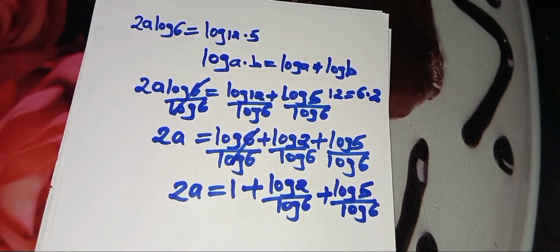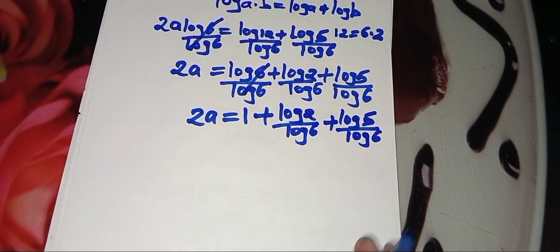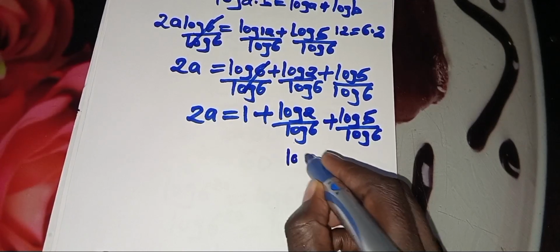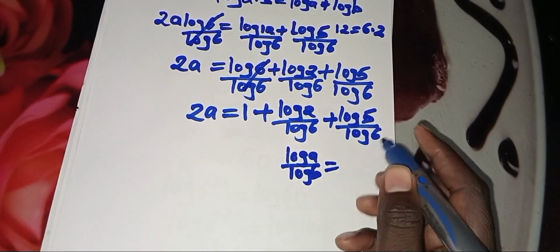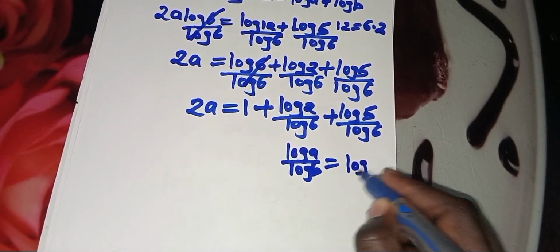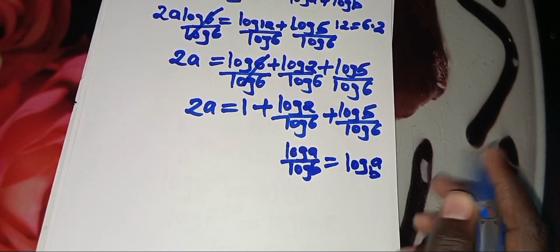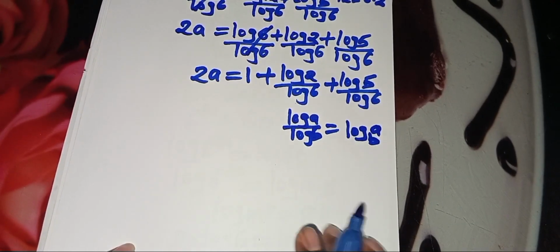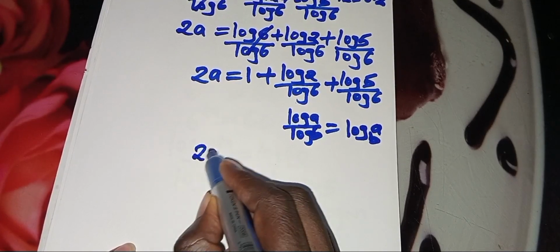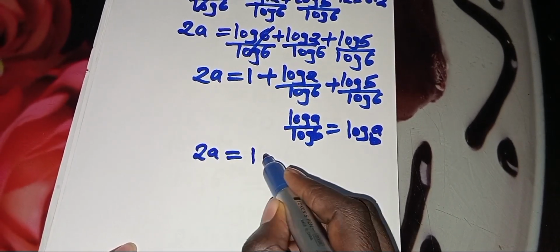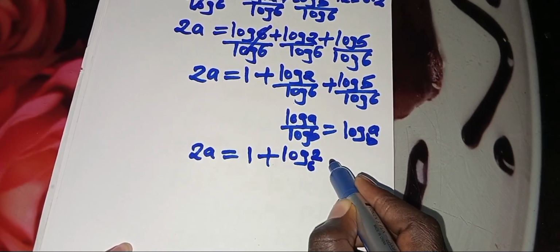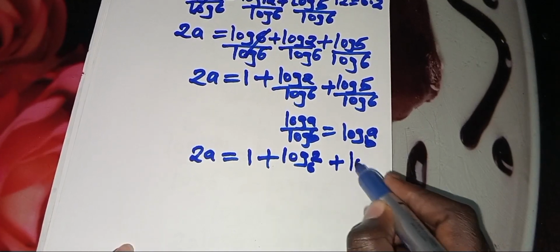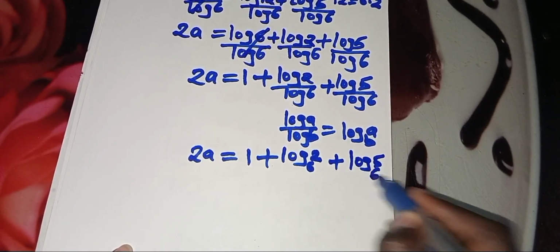Now given that if you have log a divided by log b, this can be expressed as log a to base b, now you're going to have 2a is equal to 1 plus log 2 to base 6 plus log 5 to base 6.